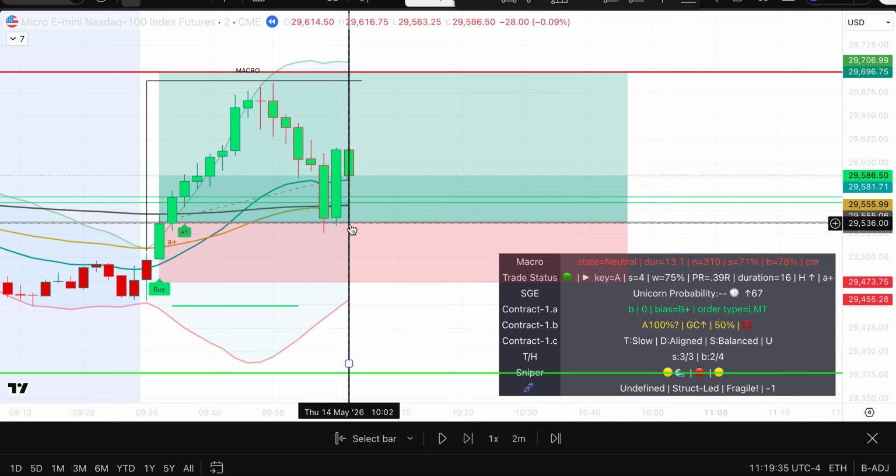So my expected outcome for the market was, if I'm entering limit, I'm expecting the market to tap me in 12 candles max, because you figure 12 candles on a 2-minute time frame is 24 minutes. So I'm giving the market 24 minutes to tap me in. If it doesn't tap me in, I'm out. If by this candle I didn't get tapped in, I was going to close the order.